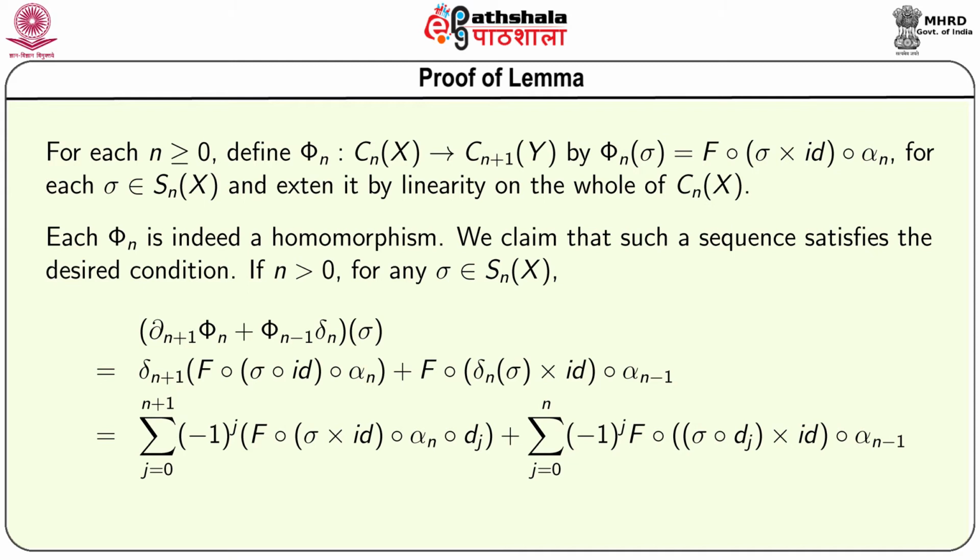So, for each n greater than or equal to 0, we can define a function phi n from Cn x to Cn plus 1 y given by phi n on any generator sigma is equal to F composed sigma times identity composed alpha n. And we extend this function by linearity on the whole of Cn x. Each phi n is indeed a homomorphism. We claim that such a sequence satisfies the desired condition.